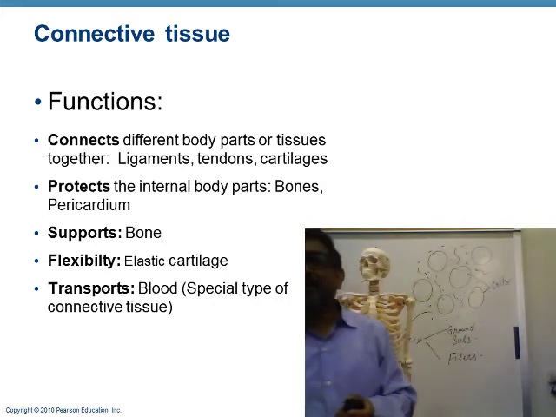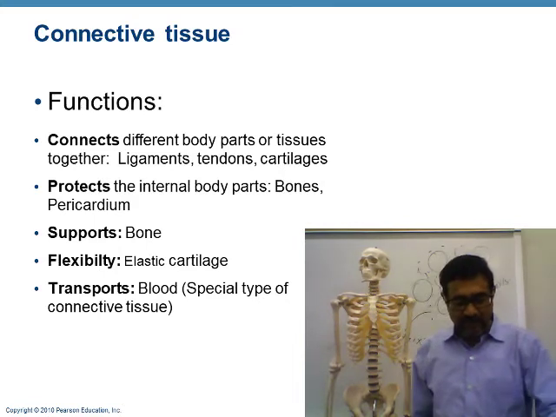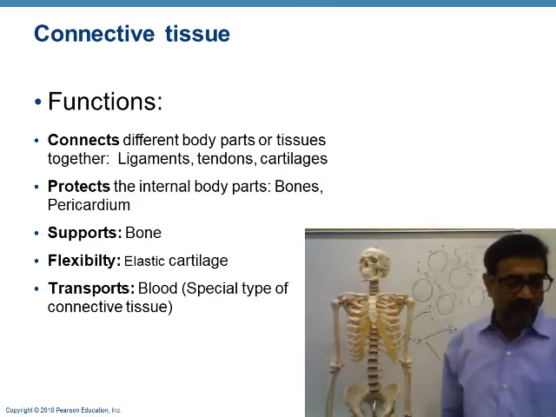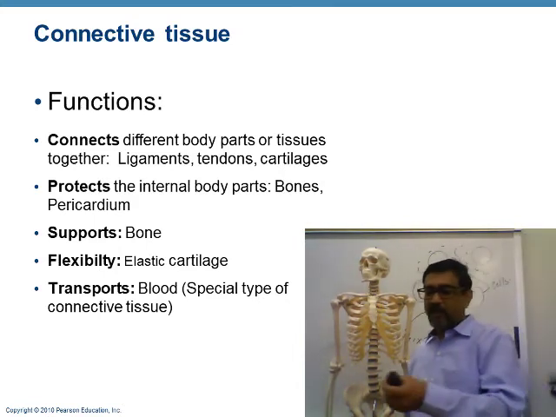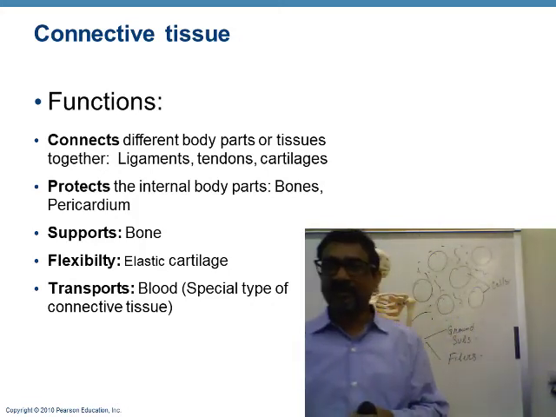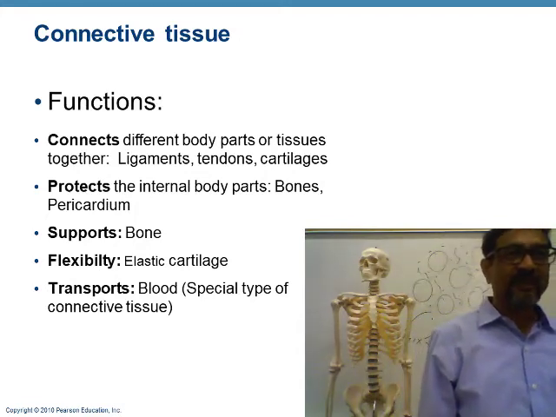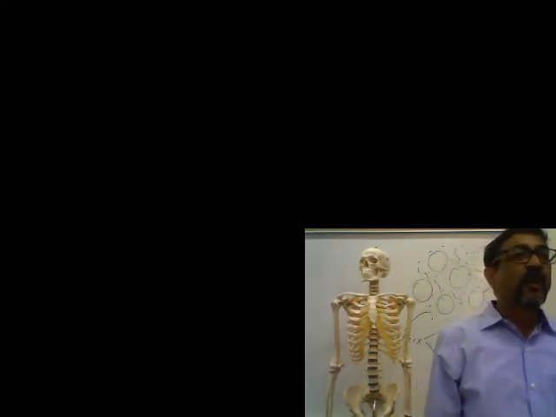Transport. The blood, you know, is a connective tissue, a liquid form of connective tissue, and blood transports chemicals. Which chemicals? Gases, oxygen, carbon dioxide, right? You know that. Blood transports hormones, blood transports metabolic wastes, taking them to the kidney for excretion.